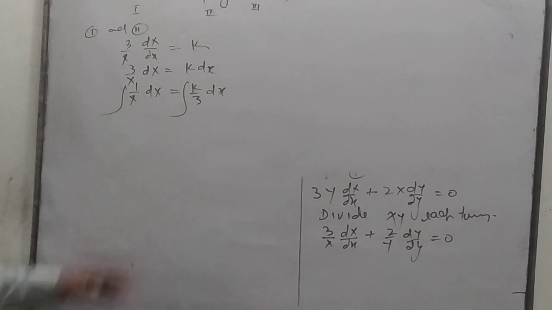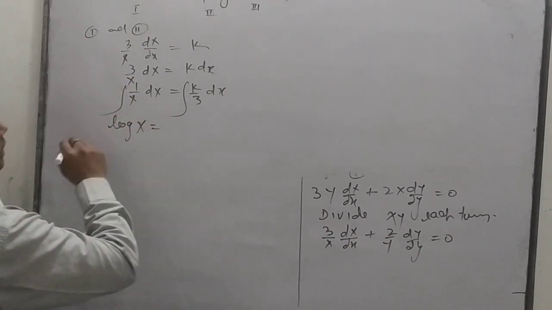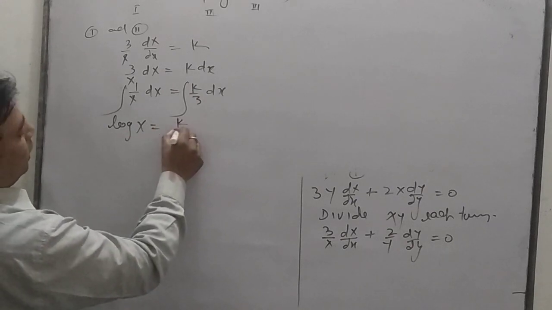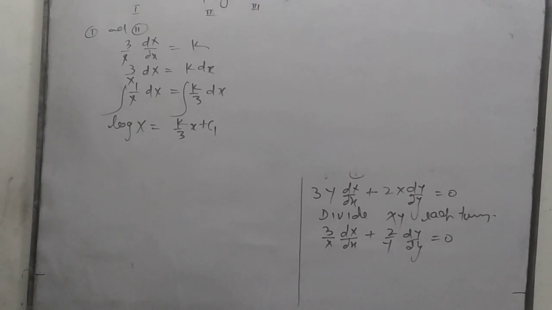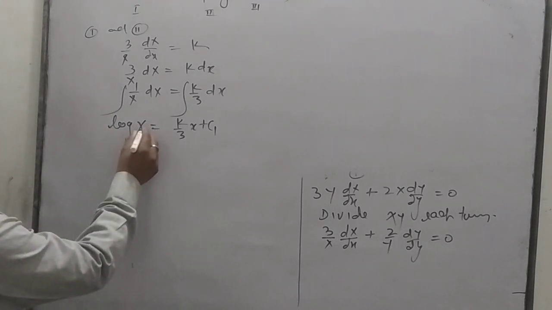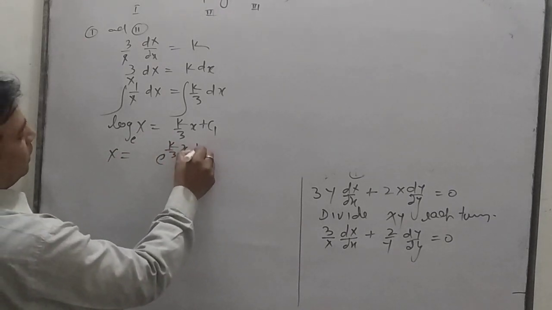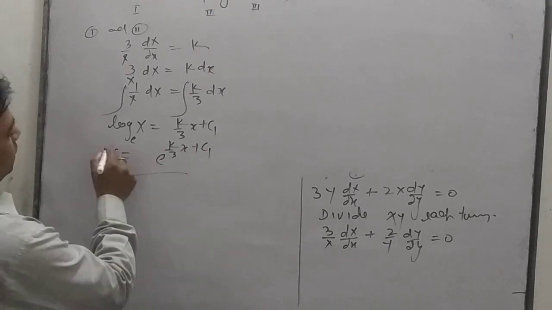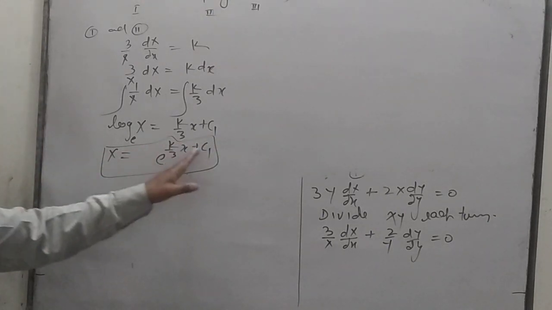Integrating both sides, 1 upon x log of capital X equal to k upon 3 small x plus constant term c1, and you eliminate the log, so base of e, then x equal to e to the power k upon 3x plus c1. This is the value of x in term of this.